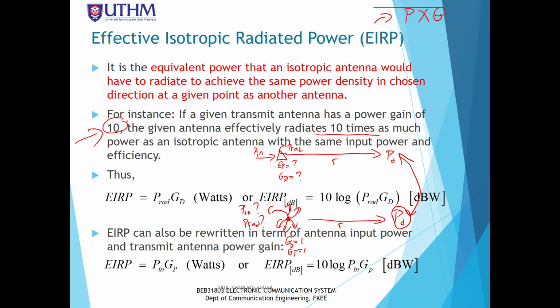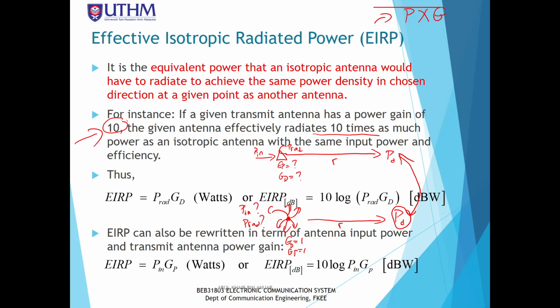Ini contoh kalau ada real antenna mempunyai gain bersamaan dengan 10, maka ia dikatakan boleh memancarkan power 10 kali lebih kuat berbanding dengan isotropic radiator dengan syarat powernya adalah sama dan efisiensinya juga sama.